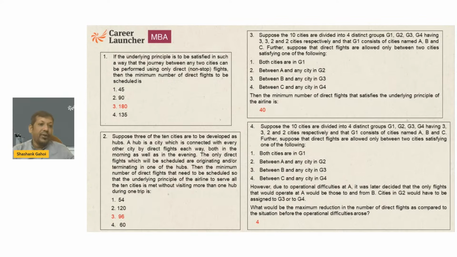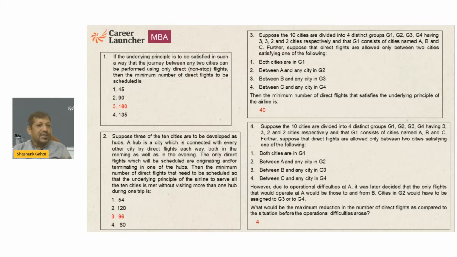And if you see, we got all the answers right. Now the first one answer is 180. Next one it's 96. Third one it's 40. And fourth one is 4. Anyone has any doubt in this set? So this is one of the sets that you can solve in less than 10 minutes.